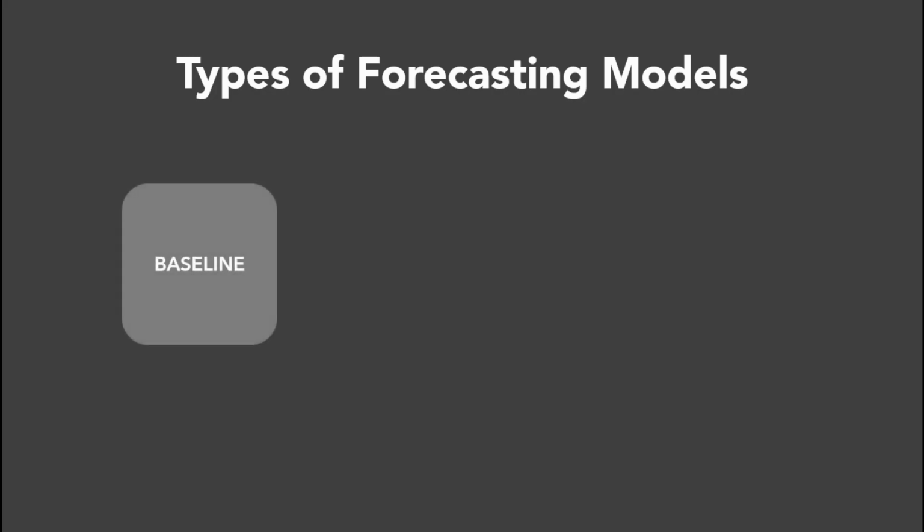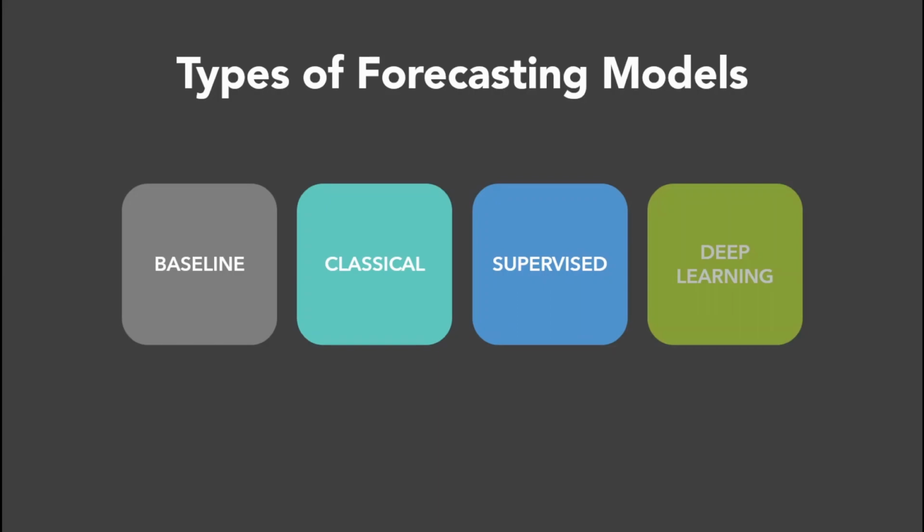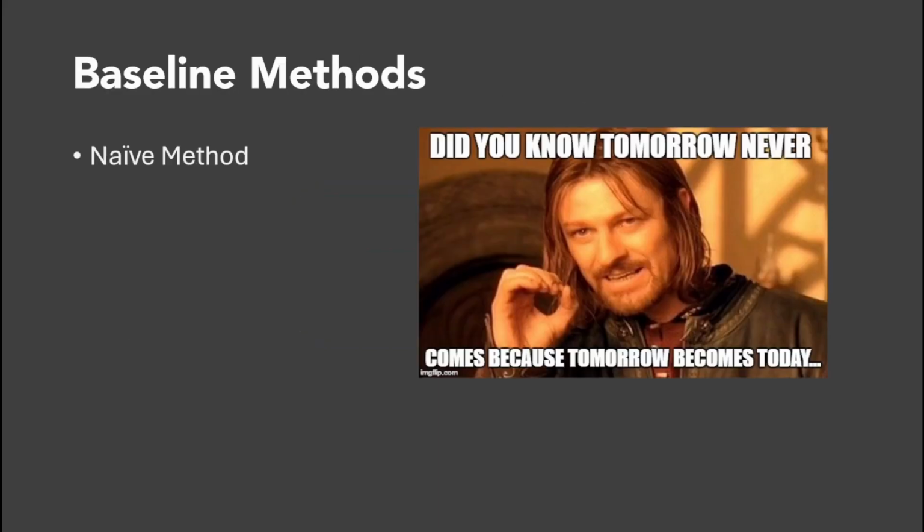We can group the models into four broad categories: the baseline methods, the classical models, supervised models, and deep learning models. Let's start with the baseline methods. First off, we have the naive method, which is as basic as it gets. Essentially, we just assume that the most recent value is the forecasted value.